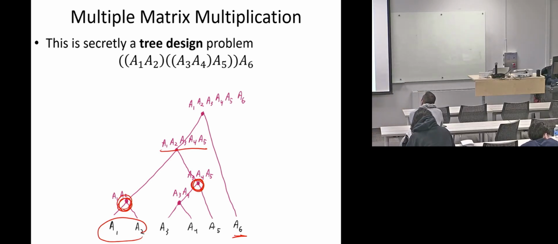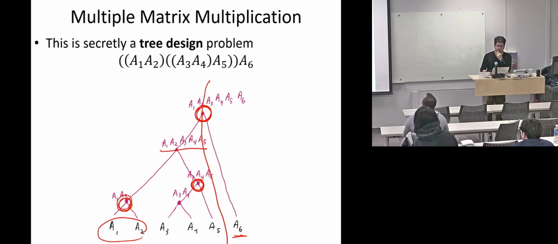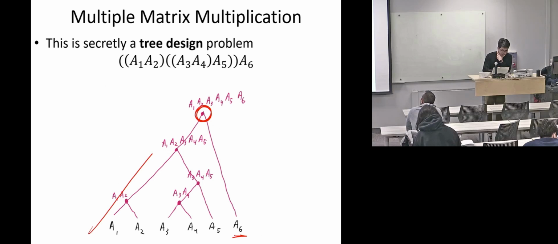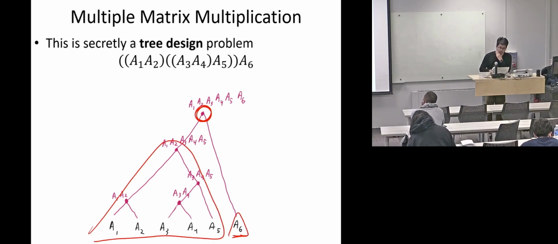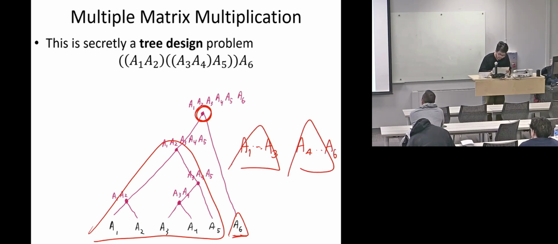So, to think about this top-down is you see that at the end of the day, we need to multiply everything together. And you just ask where is the split here? So here we have a split of this one and this one, but the split might look like A1 up to A3 and A4 up to A6. You might have this subtree and you combine it at the top.